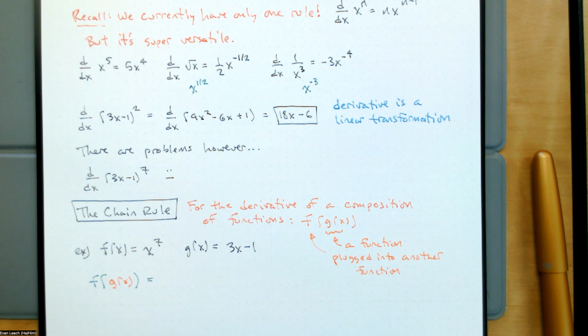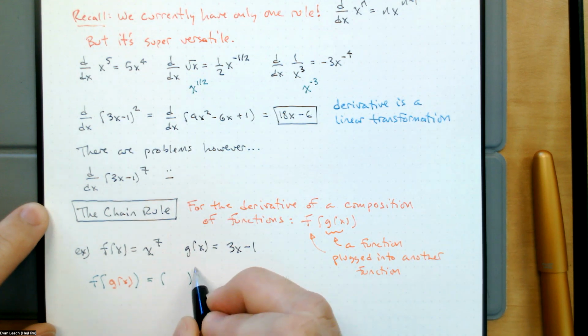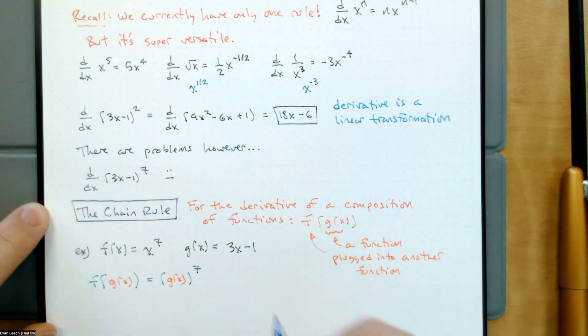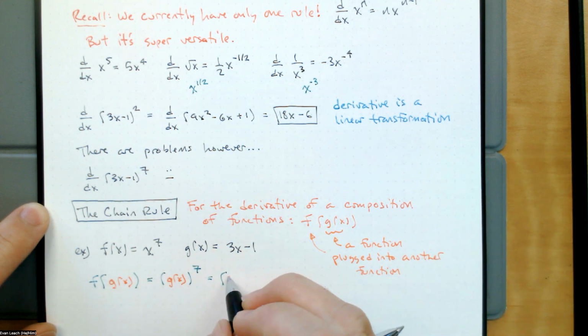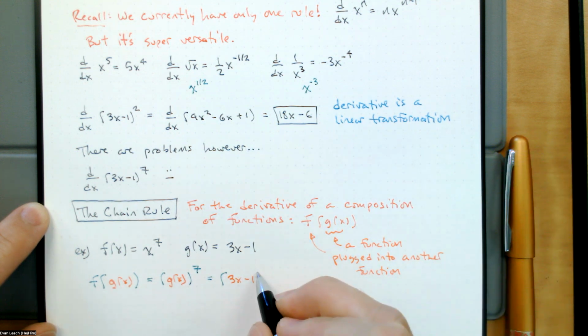F of something is that thing to the 7th power. So f of g of x is g of x all to the 7th power. If that thing is g of x, then f of g of x would be 3x minus 1 to the 7th power.